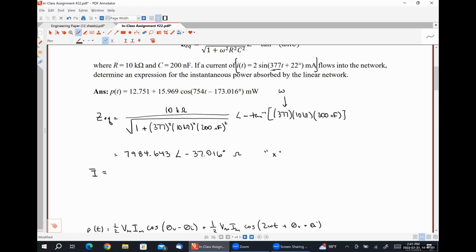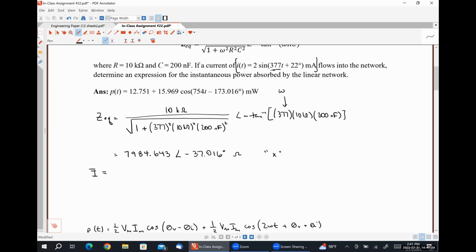So this is a sine function, not a cosine function. So the first thing that I have to do is convert my sine function to a cosine function. How do I do that? Isn't it cosine minus 90? Exactly right. So I subtract 90 degrees.